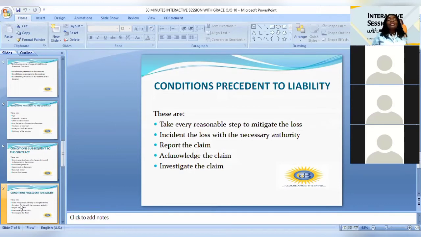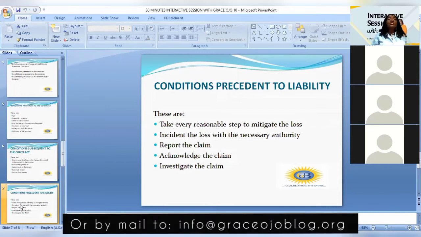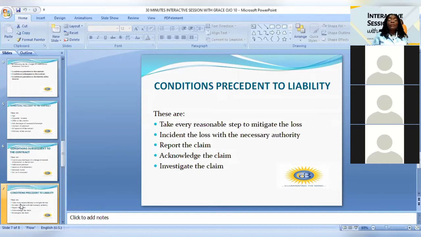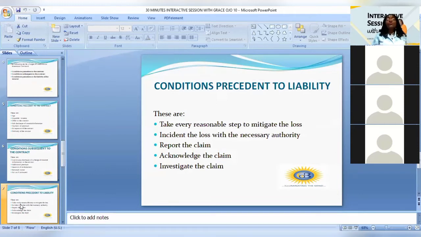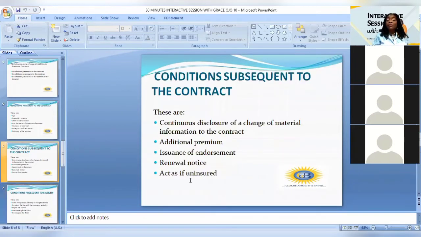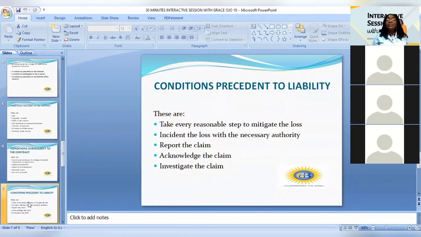But there are conditions, things the insured needs to do before the insurer will fulfill his own part of the promise, which is to indemnify the insured in case of loss. So you have to take every necessary step to mitigate the loss. It still follows from my last point, when I said act as if uninsured.